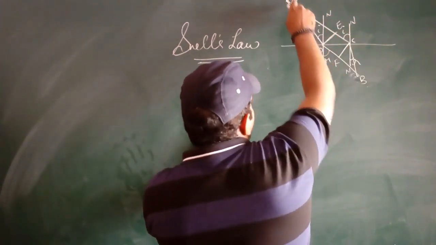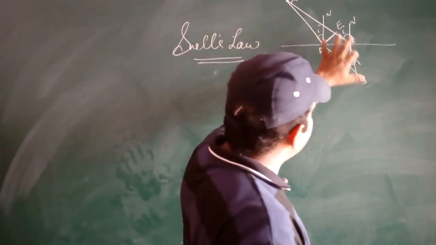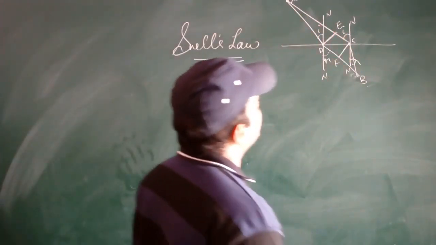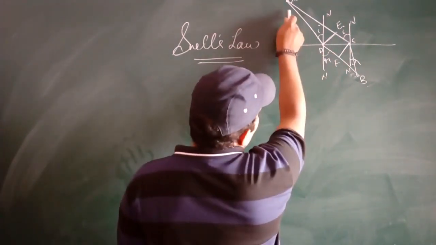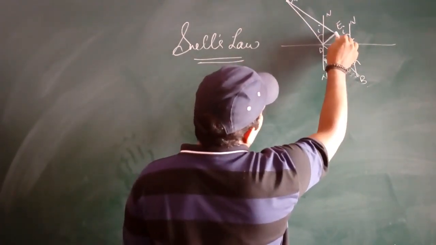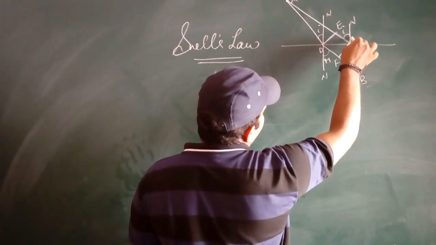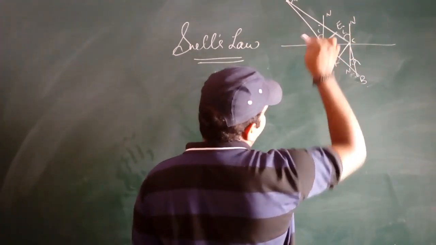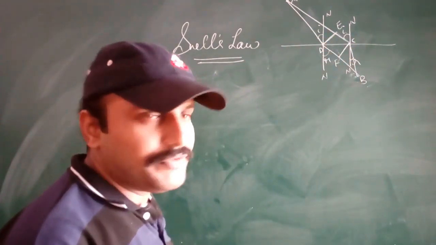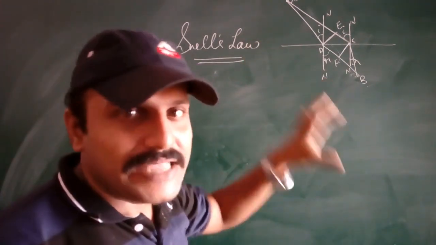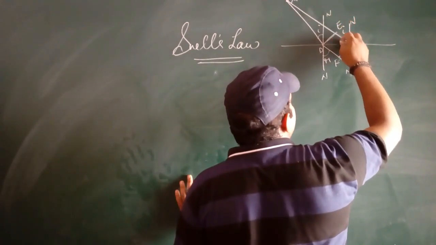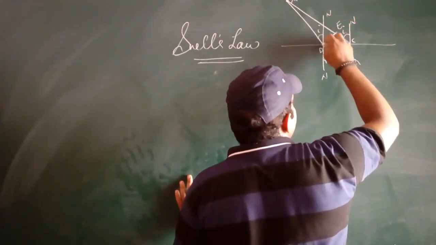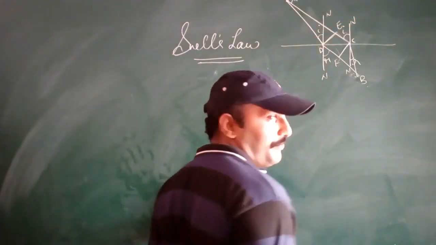Okay. Now if you compare path ACB and path ADB, observe this EC and DF. EC and DF, as I said, both paths take the same time to travel. So I can say that the time taken to travel EC will be equal to the time taken to travel DF.